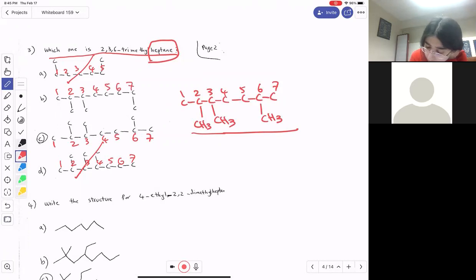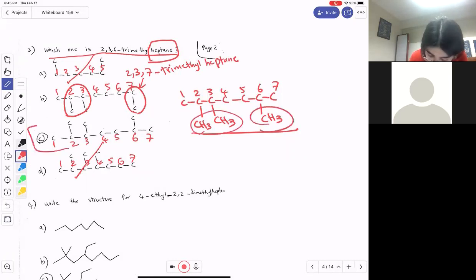But this one would be 2, 3, 7, trimethylheptane. We're looking for 2, 3, 6. So that's why this is the answer.